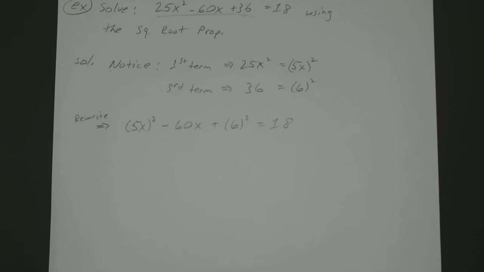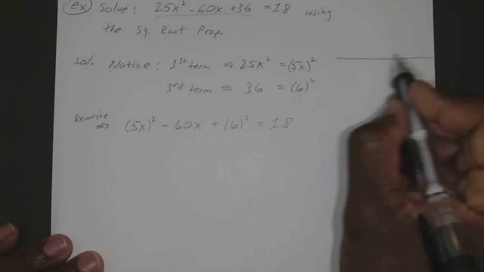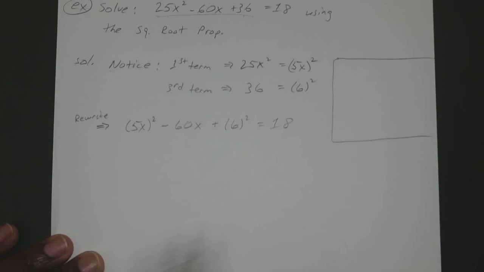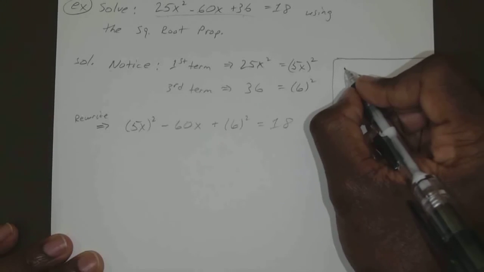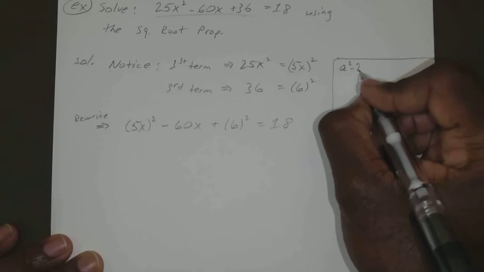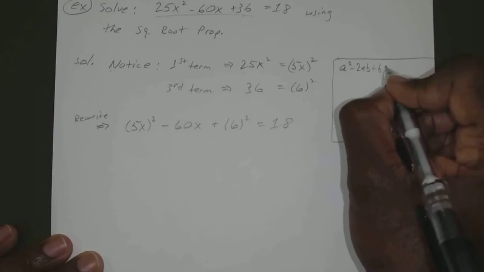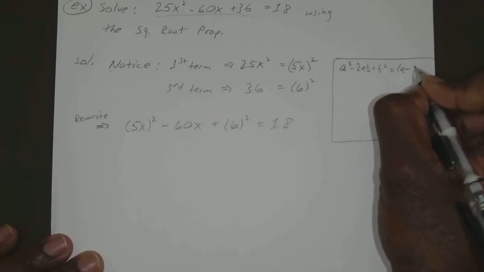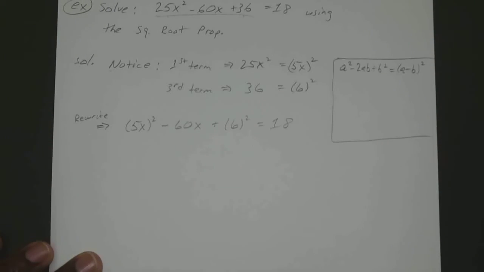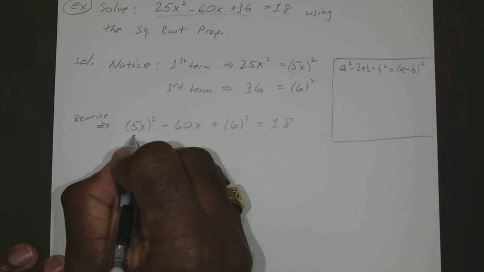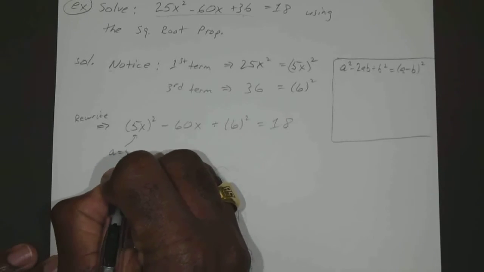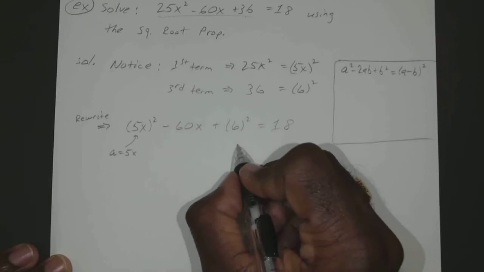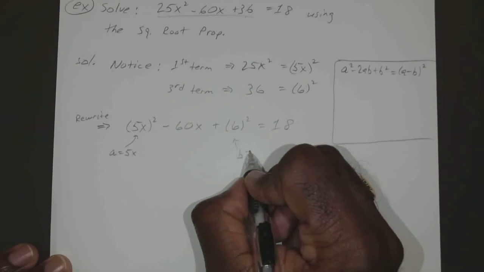Okay, so that means in this case, let me make a little side note here: a squared minus 2ab plus b squared equals (a minus b) squared. If we're looking for a perfect square trinomial, that means this would be your a, and this would be your b.